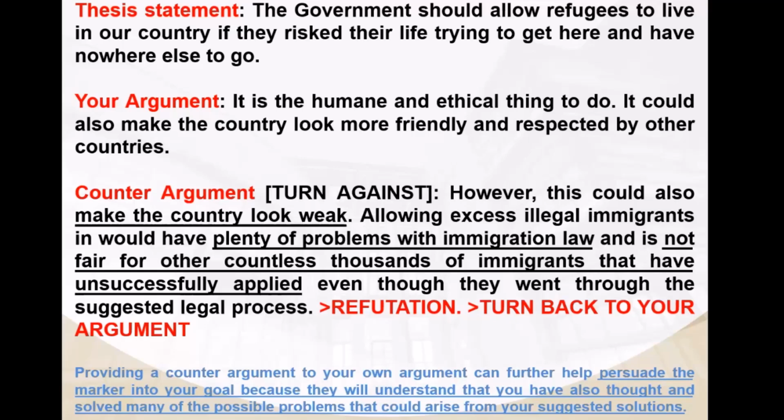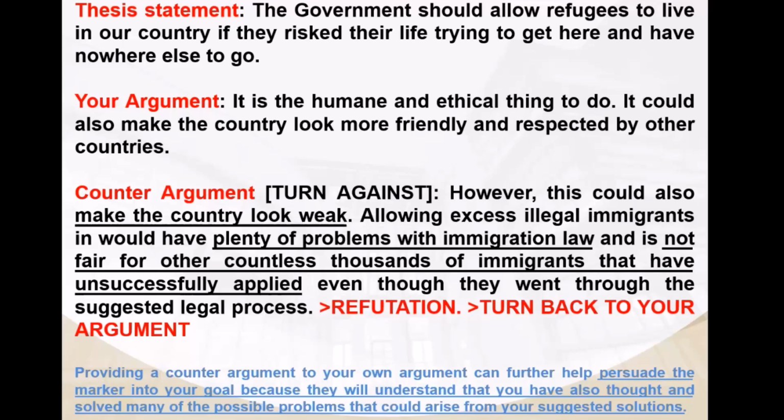This is the thesis statement, the position you have taken in the introduction. In the introduction, you wrote, the government should allow refugees to live in our country. This is your thesis statement in the introduction.